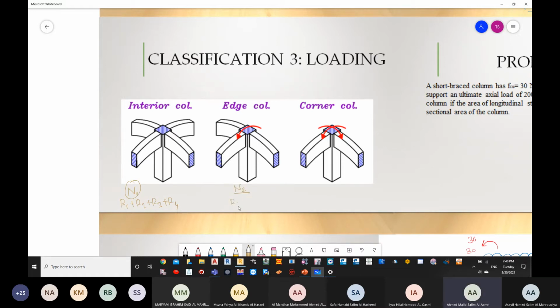This N2 will be carrying R1 plus R2 plus R3. What about N3? N3 is going to be carrying only, if this is beam 1, beam 2, and then beam 3. Here we have B1, B2, B3, and then B4. Here we are going to have it as R1 plus R2.